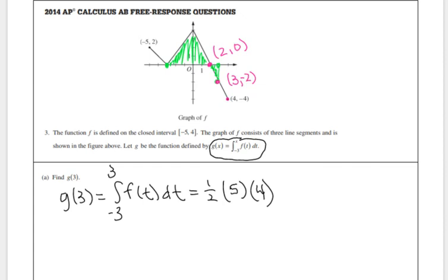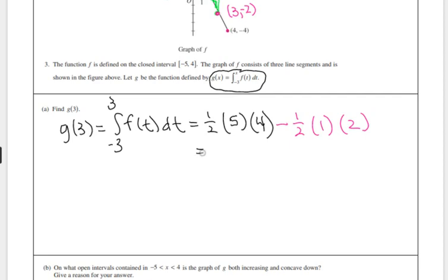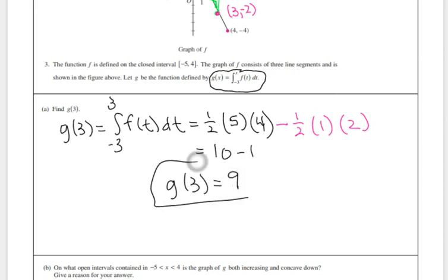We went down 4 and over 2, so if I go over only 1, I'm going to go down 2. So that negative triangle is -1/2, with a base of 1 and a height of 2. Overall, this is 10 minus 1, so g of 3 is equal to 9.